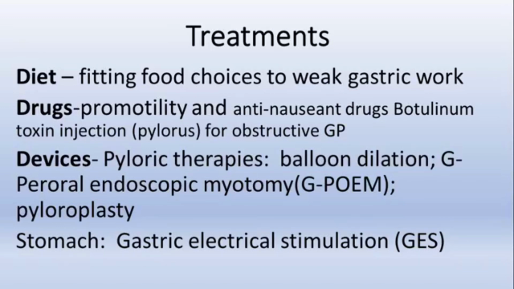The pylorus is cut endoscopically. And the other is a surgical pyloroplasty. There are several types of pyloroplasties. They've been around for many years. It's a standard surgical operation. And then for the stomach in general, there's gastric electrical stimulation that's available as well for recalcitrant or refractory nausea and vomiting. So let's look at these in a little more detail.